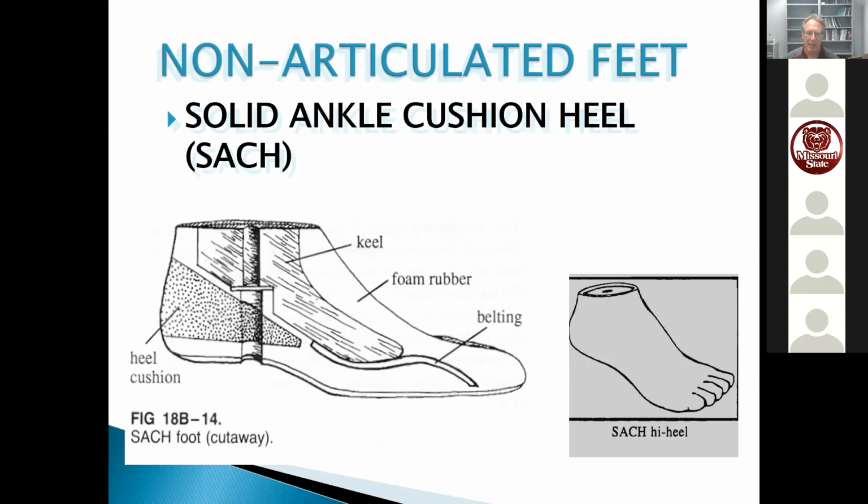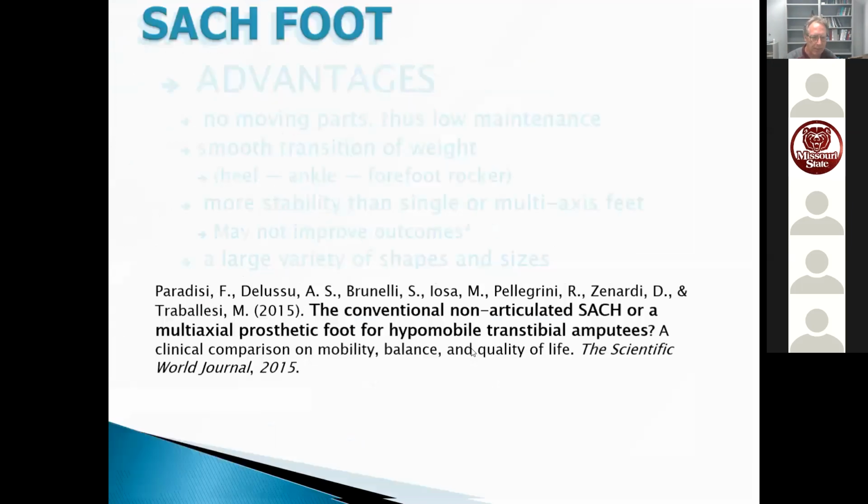And endoskeletal means like we are endoskeletal too, that our structural strength comes from our internal skeleton. So here is the endoskeletal structure. And with the SACH foot, the keel is usually made out of wood.